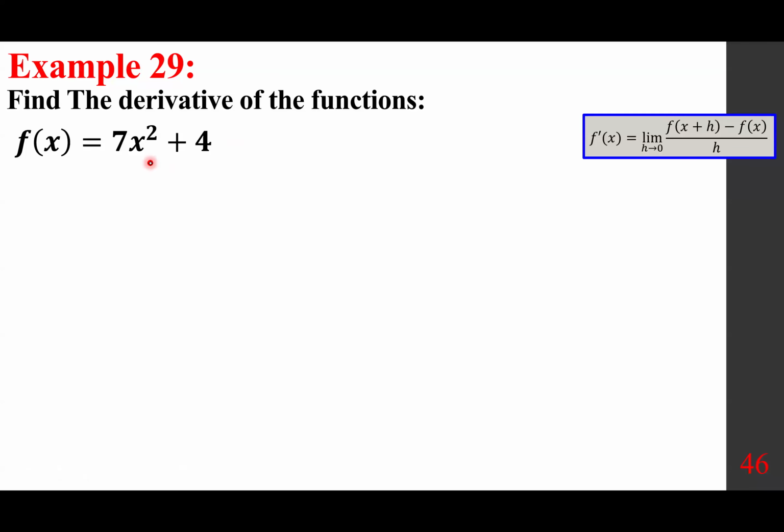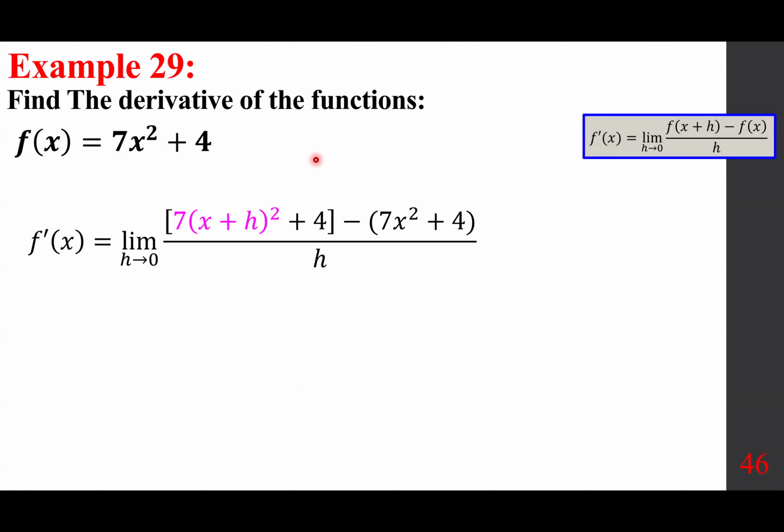Find the derivative of this function. Again, we are going with the definition, everybody. So we're going to put it into this formula. F prime of x is the limit as h approaches 0 of fraction bar h at the bottom. F of x plus h means 7 times x plus h quantity squared plus 4 minus 7x squared plus 4.